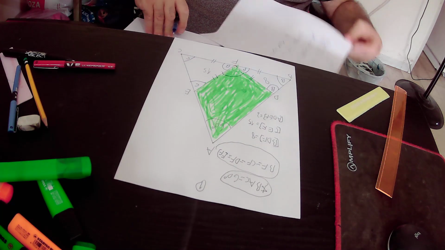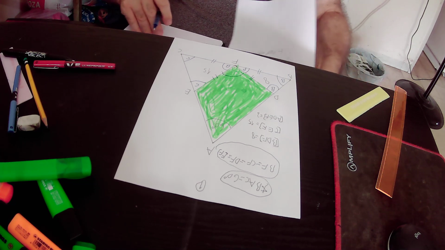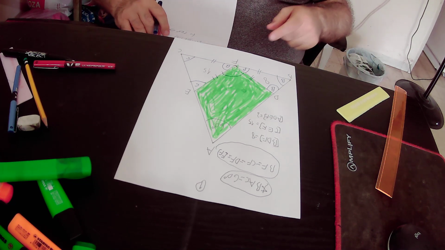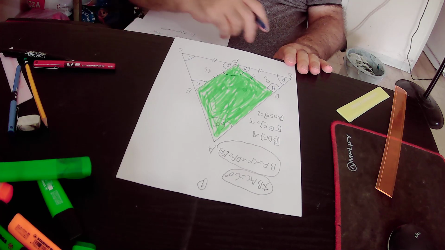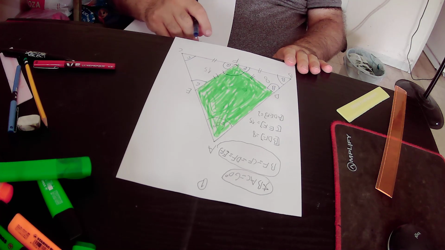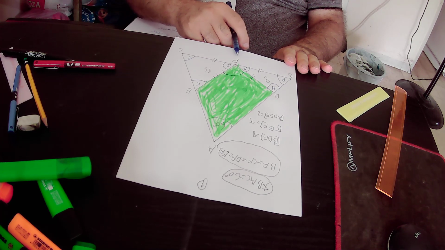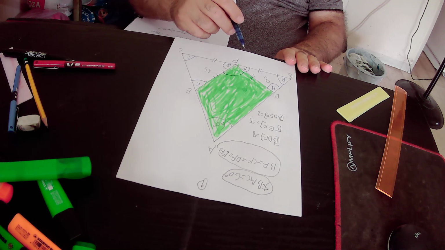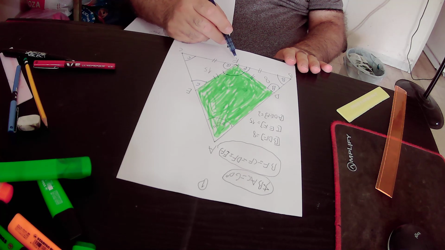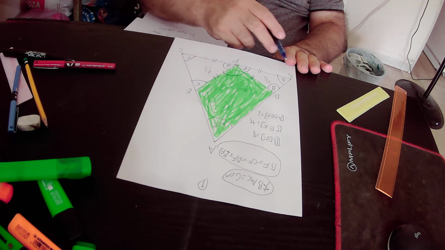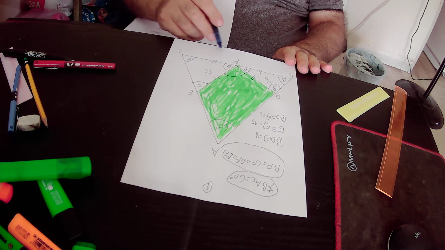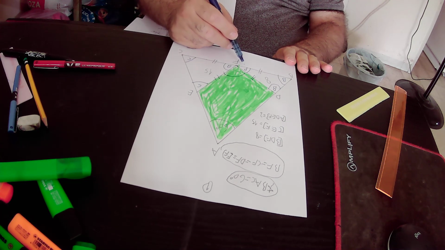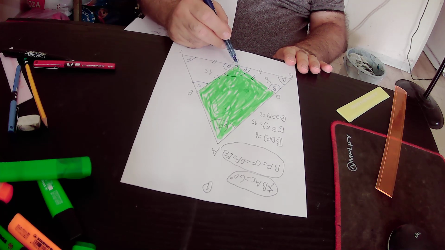So according to rule 3, we know that BC is a straight line, so if we focus at point F, according to rule number 3, the sum of the angles at this point, because of the fact that BC is a straight line, must be equal to 180 degrees.